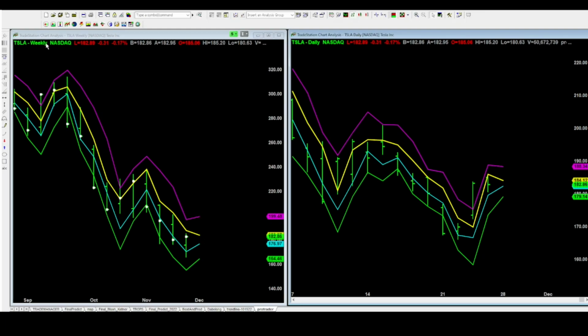this is a Tesla weekly chart, and this is a Tesla daily chart. So for the weekly chart, each vertical bar is the real-time fluctuation of the stock price in a week. And for the daily chart, each vertical bar is 1 day's data. So you see for last Thursday and Wednesday, and this trend line is also a prediction.